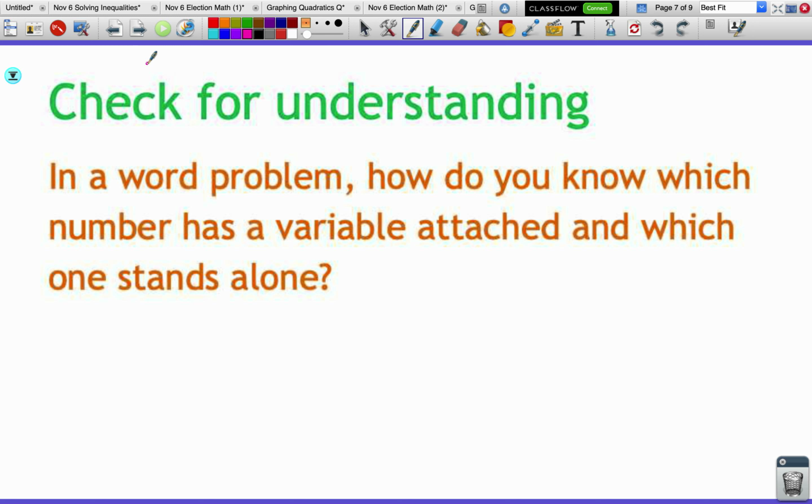All right, so in a word problem, how do you know which number has a variable attached and which one stands alone? So for variable attached, we're looking for words like per or every or for each. Those are our signal words that we have a coefficient.